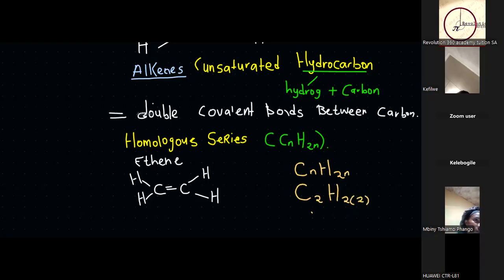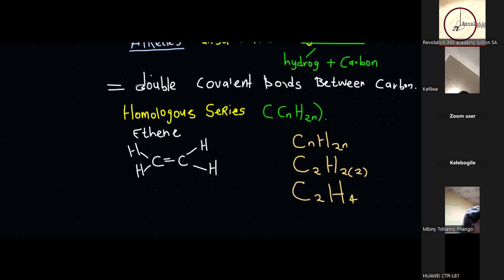Now as you're having C2H4, it simply means that when you go to the structural formula, you must have 2 carbons, because this 2 means you're having 2 carbons here as well as 4 hydrogens right there.